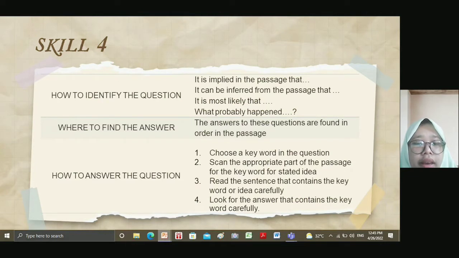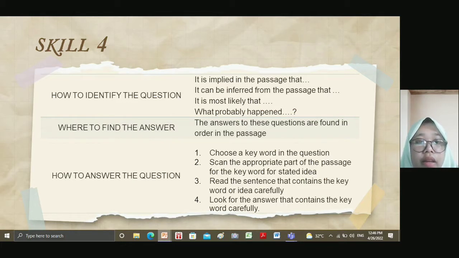As you can see, here is skill 4 of the reading part. Skill 4 is the implied detail question. The following are explanations of skill 4 of the reading part. First, how to identify the question.